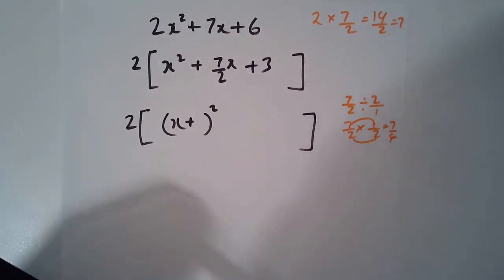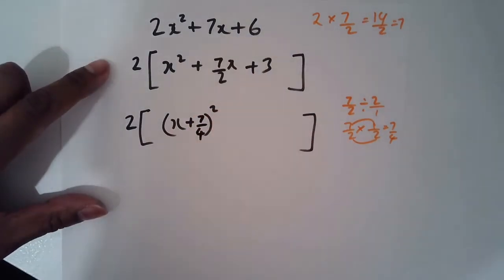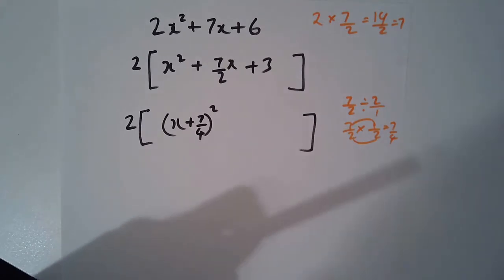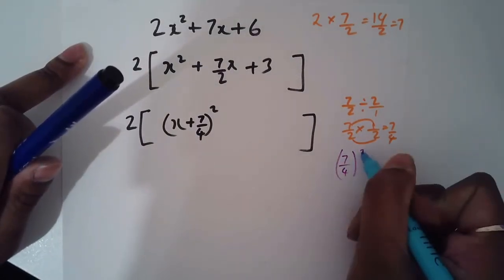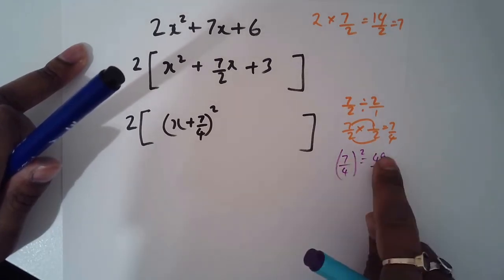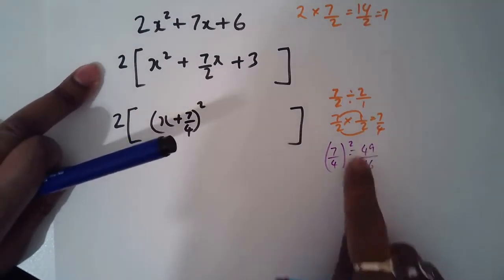So half of 7 over 2 is 7 over 4. Now I've got to do 7 over 4 squared. 7 over 4 squared is 49 over 16. 7 squared is 49, 4 squared is 16. So now I need to take that away.